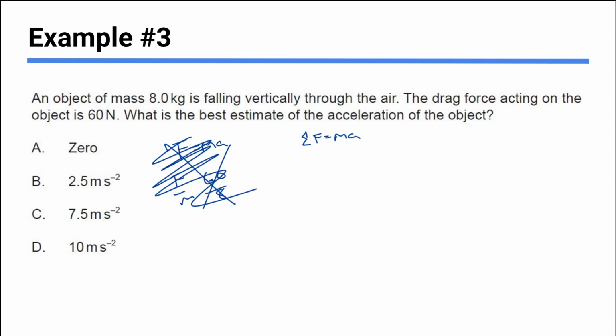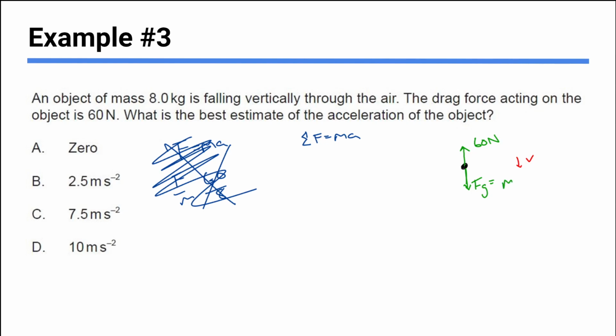So what do I need? I need an FBD. Here's my object. My object is falling, so it's moving this way. I'll draw this off to the side maybe. I have a couple forces happening. There's a drag force, which is going to be opposite v, an upwards force as this thing falls, 60 newtons. But why is it falling at all? It's falling because, as always, there's a gravitational force pulling down on it. And how big is the force due to gravity?